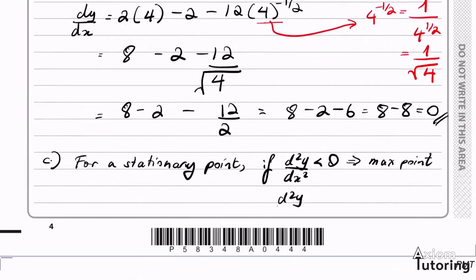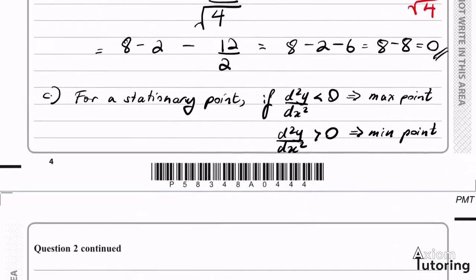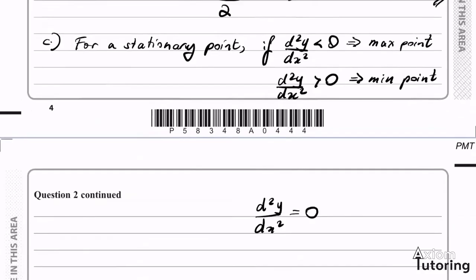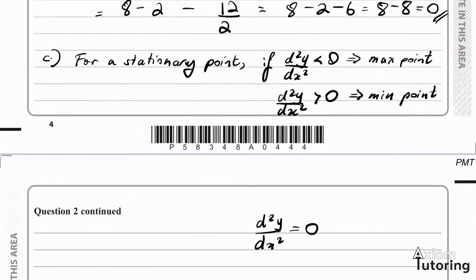And if d squared y over dx squared is greater than 0, then we have a minimum point. We could also have the case that d squared y over dx squared is equal to 0. And if we have that, then it's neither a maximum nor a minimum point, and we have to investigate the points around it.